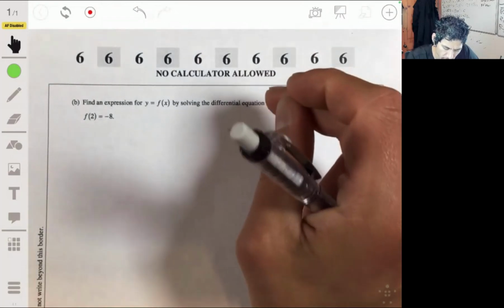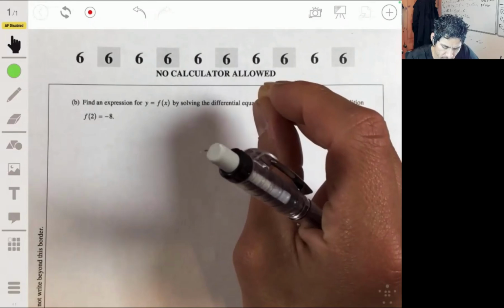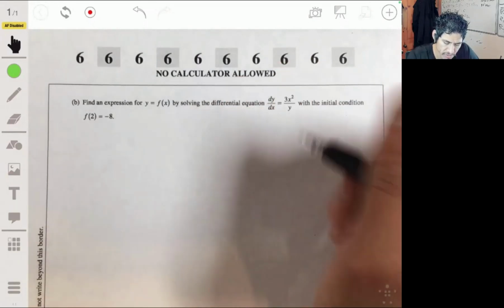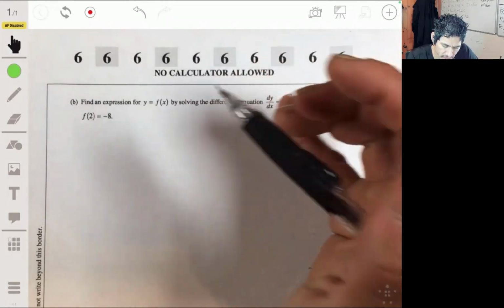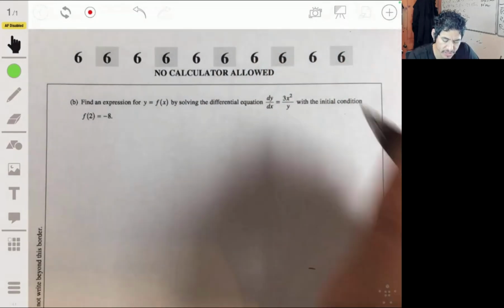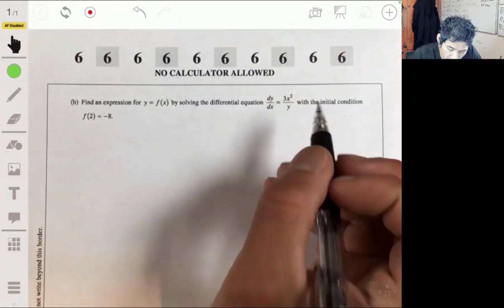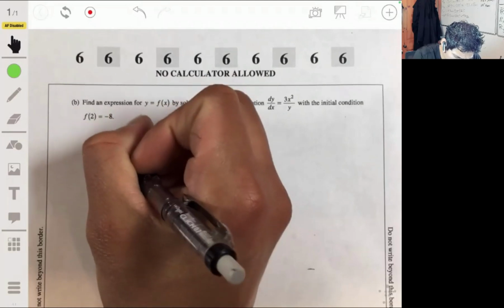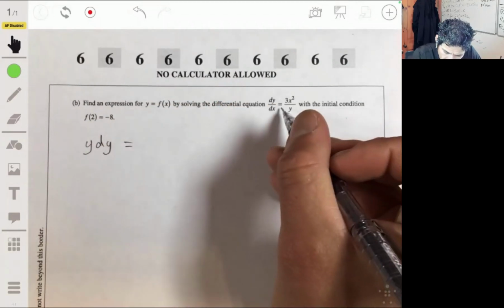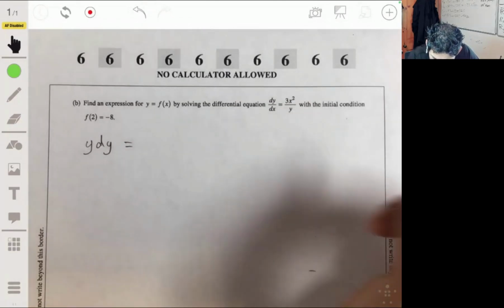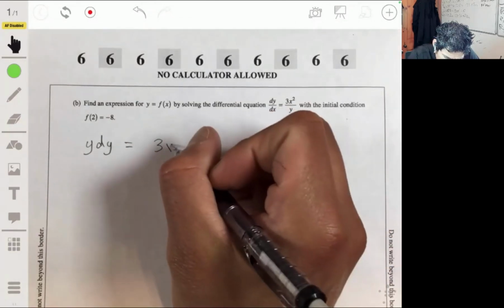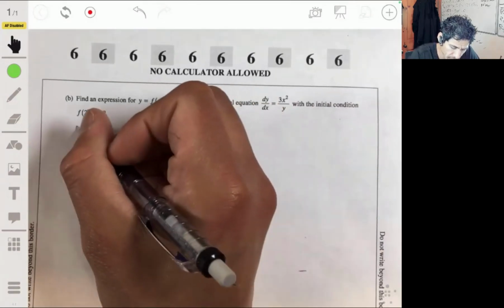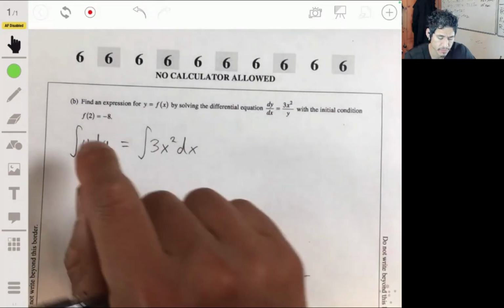So we're going to basically integrate this by first separating the variables. So dy is on the left, dx is on the right, so x is on the right, y is on the left. So we're going to have y dy equals 3x squared dx. And then we integrate. We throw integration symbols.